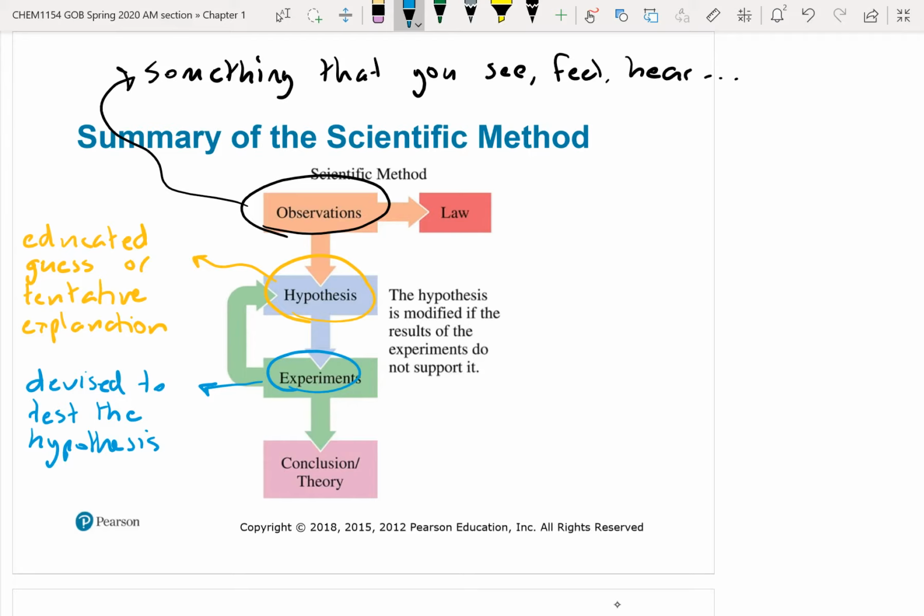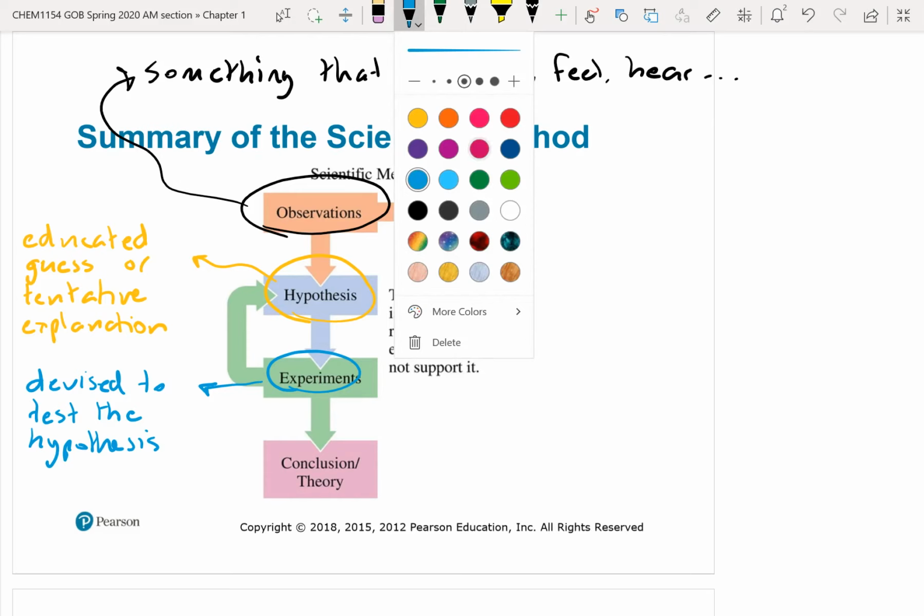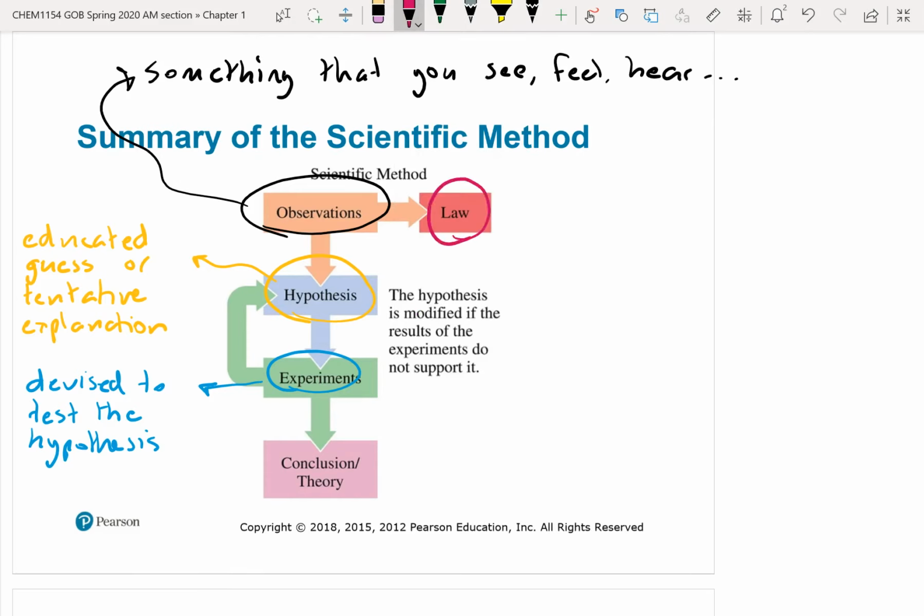All right. So two terms that we also talk about or see or hear when it comes to the scientific method are the terms law and theory. And it's very important that you know what those are. So a scientific law is different than a state or federal law. You can't choose to break a scientific law, but you can choose to break the speed limit, for instance.